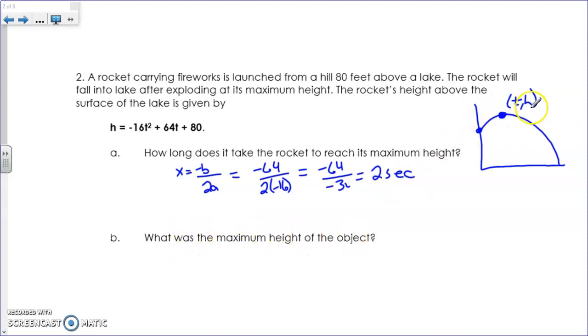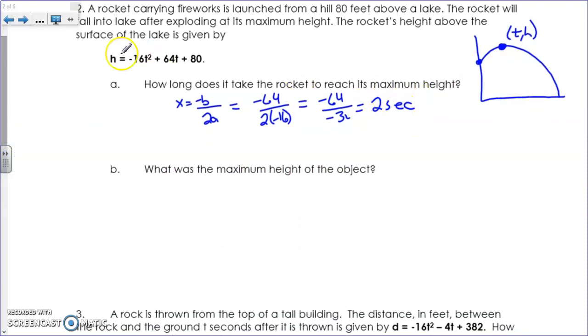What was the maximum height? So that's how high it was there. Okay, so we can take this 2 and plug it back in place of t to find our h.